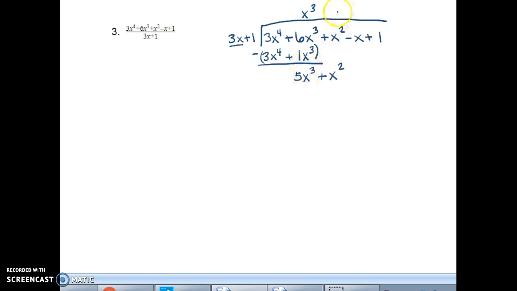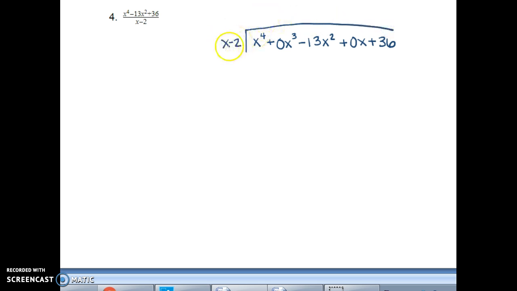Since we can't divide, it's x cubed plus the remainder of 5x cubed plus x squared. Bring down the next term, minus x plus 1, divided by 3x plus 1. So again, because 3x is not going into 5, we know that all the remaining pieces are remainders.